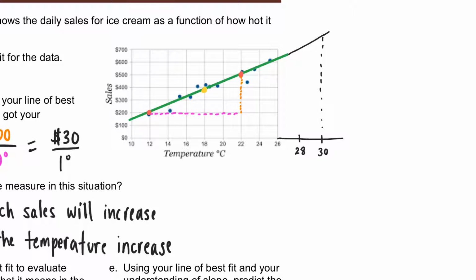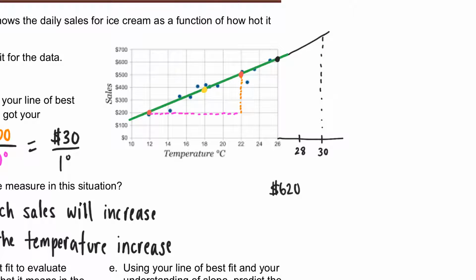Perhaps the easiest way to think about this is to take the sales right here at 26. For me, it looks like the sales are about $620 at 26 degrees Celsius. Okay, and then we're going to go over 4 degrees Celsius.